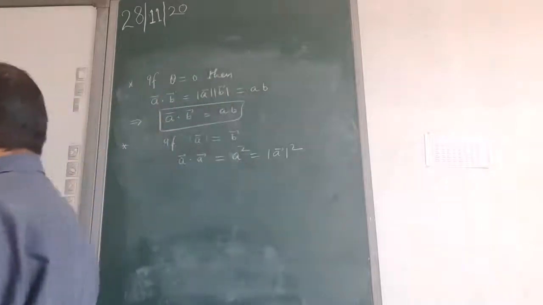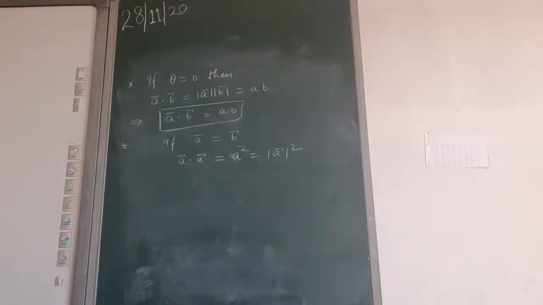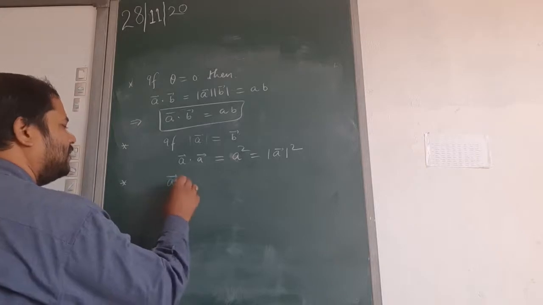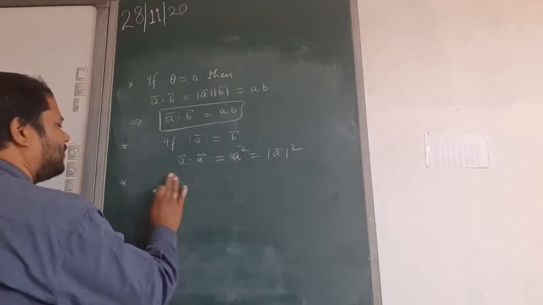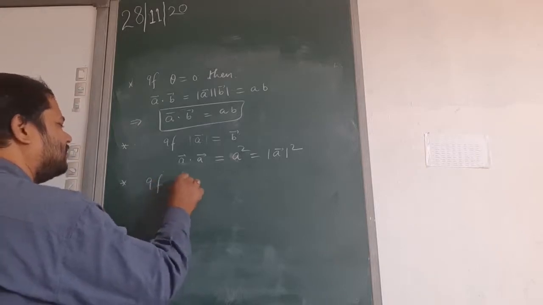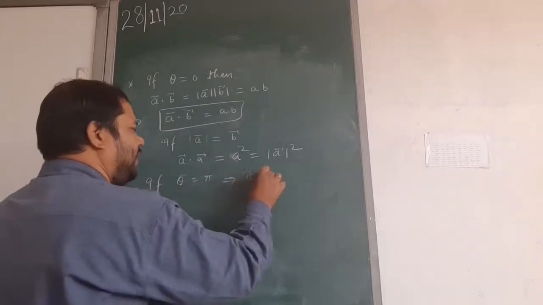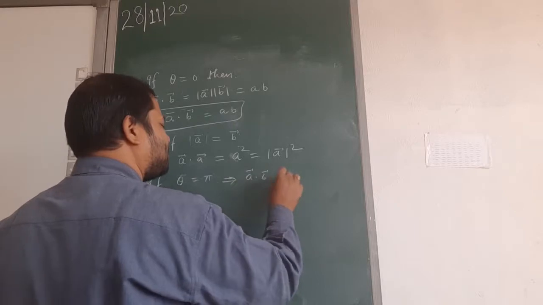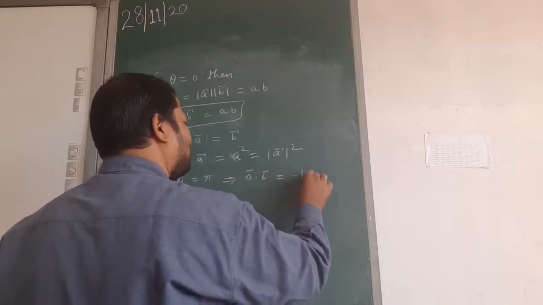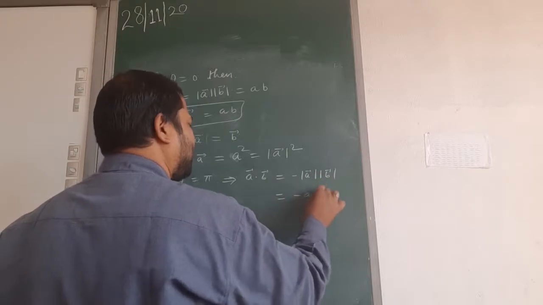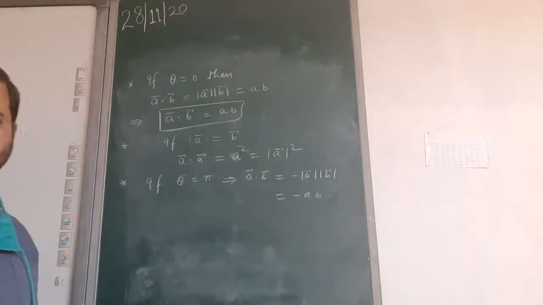Okay. Similarly, if theta is equal to pi, then A dot B is equal to minus of AB, because cos pi is minus 1. This implies A dot B must be equal to minus of mod of A mod of B, or simply you can write it as minus AB.